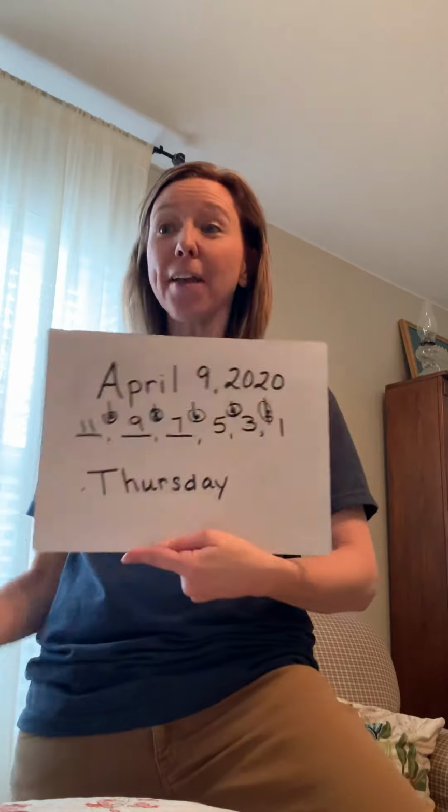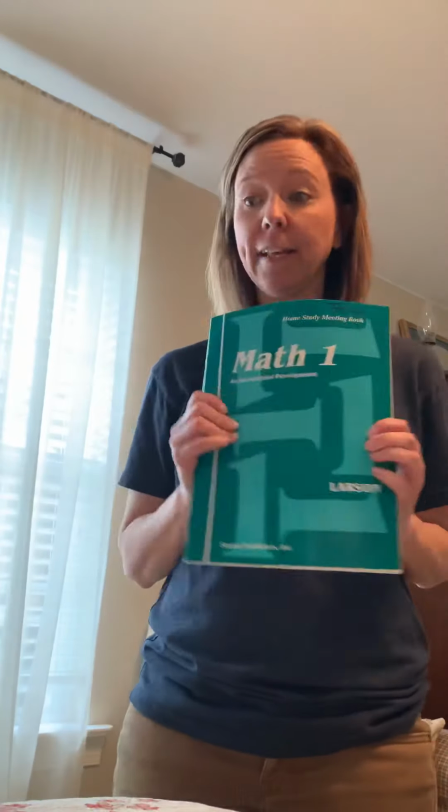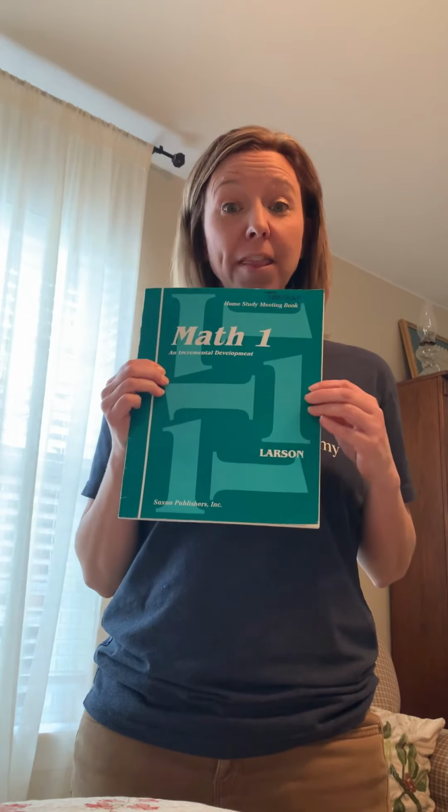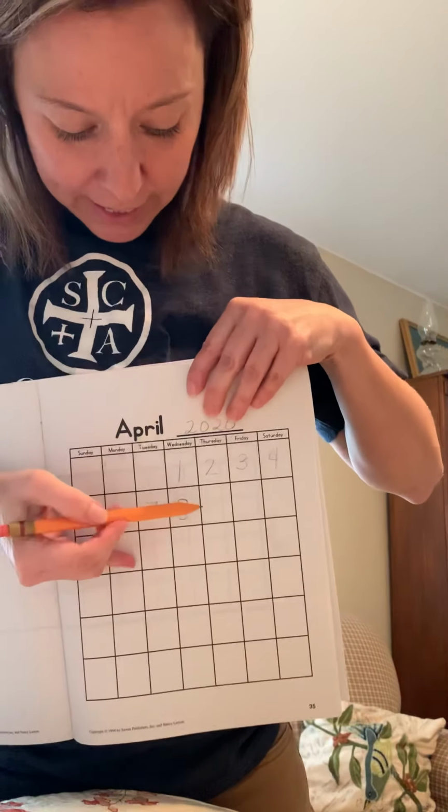Good job. Okay, go ahead and get out your math meeting book. We are done with this for now. And let's open up our math meeting book to April. And we are going to add today's date. Yesterday was April 8th, so let's add our 9. Miss Shaw needs to do that too.